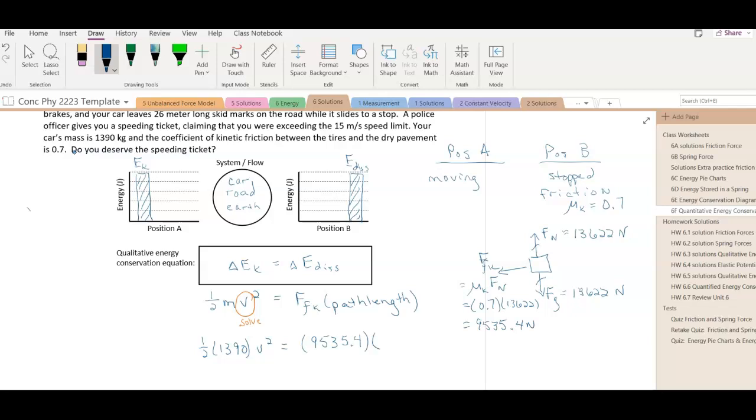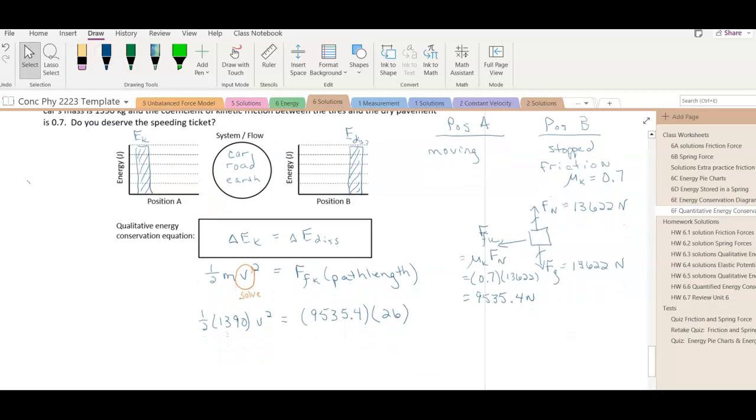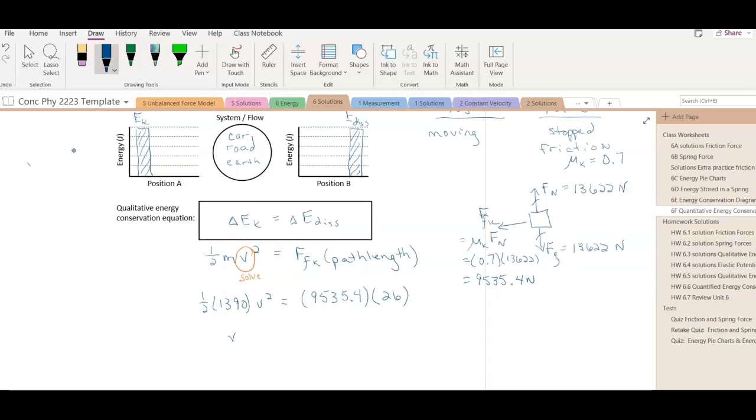The path length is the 26 meters. That's how long the skid marks were. Okay, I'm just going to solve for the v here. So I've got 9,535.4 times 26, then I'm dividing by a half, dividing by 1390, and then I'm going to take the square root.